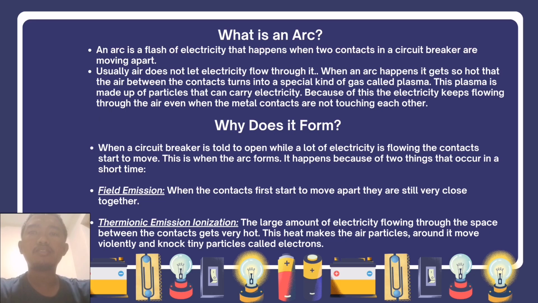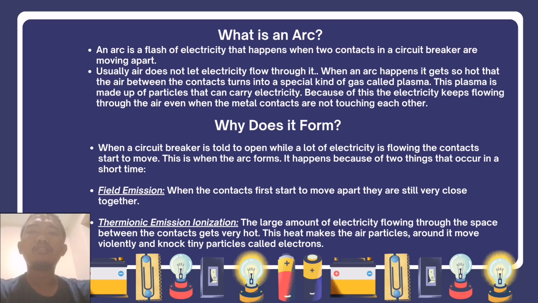When the contacts first start to move apart, they are still very close together. Thermionic emission, ionization. The large amount of electricity flowing through the space between the contacts gets very hot. This heat makes the air particles around move violently and knock out tiny particles called electrons.